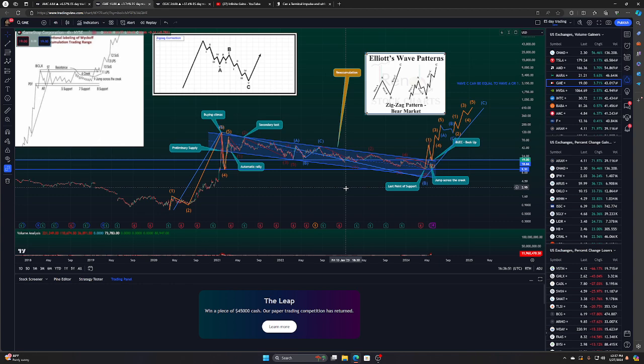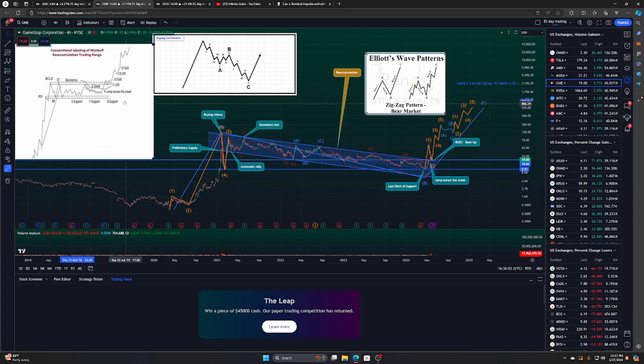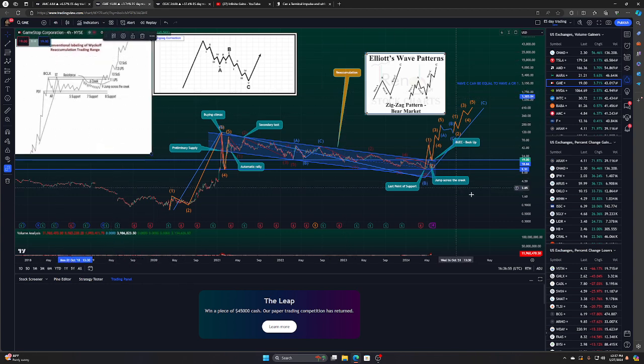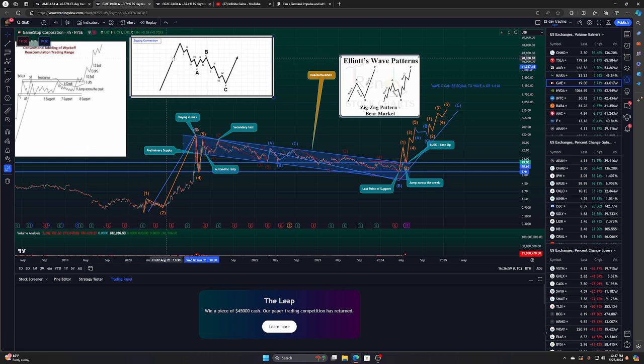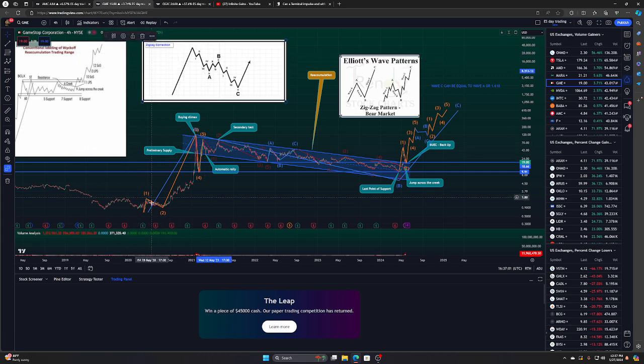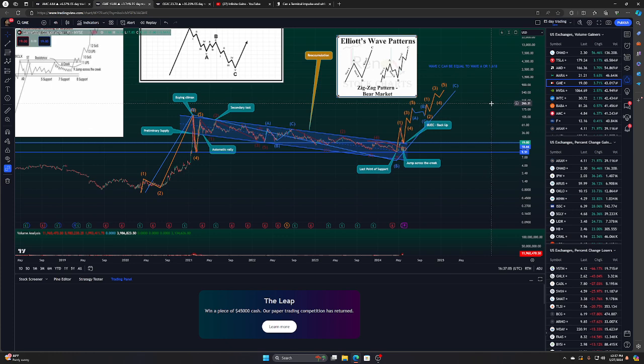But I am seeing this Wyckoff schematic, a reaccumulation trading range, so we can continue to the upside. I'm seeing this zigzag correction, this ABC, and I think that it makes sense. If you think about it, this took 3 years. That's reaccumulation.